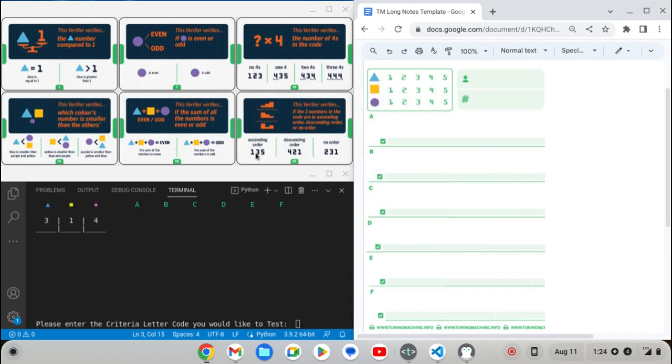Should the values be in an ascending order, meaning that they're increasing, as in the example 135? Should they be descending or decreasing, as in the example 421, or should they have no order, as in the example 231? Notice that in that example for no order, at first it increases from 2 to 3, but then it decreases from 3 to 1. It's that shift that is one way to define that the 3 digits have no order.